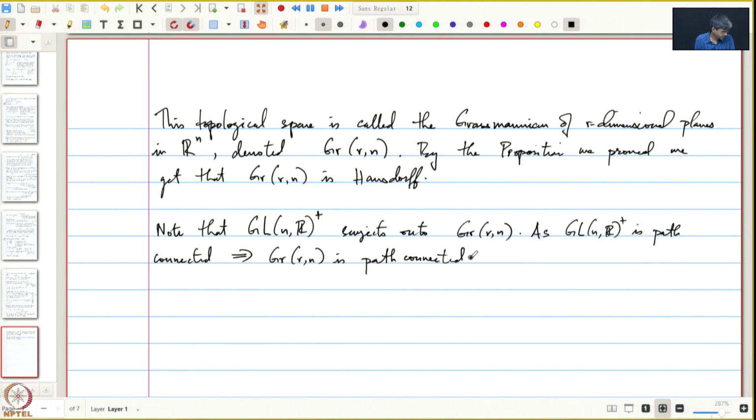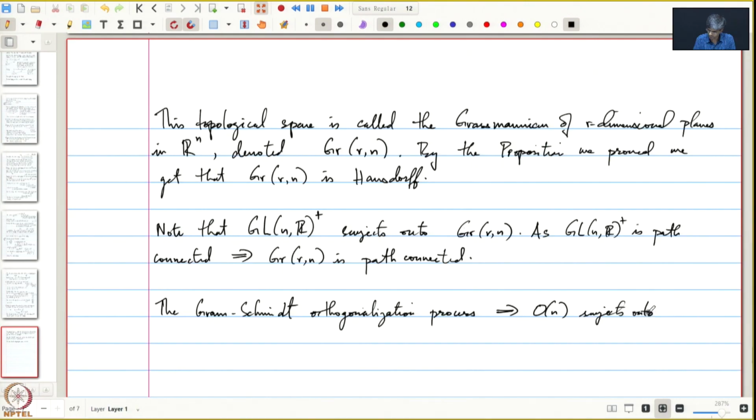Similarly, the Gram-Schmidt orthogonalization process implies that On, the orthogonal matrices, surjects onto this Grassmannian r comma n.